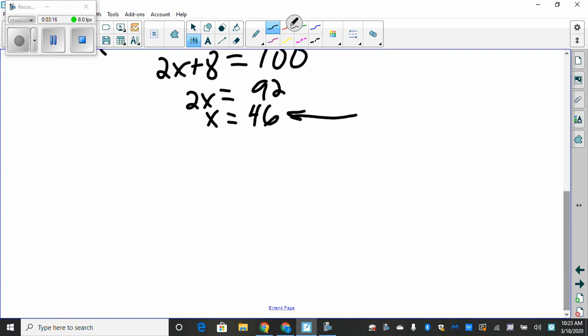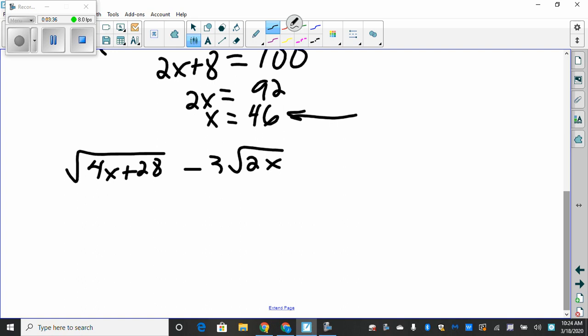Okay? I'll try maybe 1 or 2 more, and then we'll go to town with that. Let's try one that's a little bit more challenging. Square root of 4x plus 28, minus 3 times the square root of 2x equals 0.